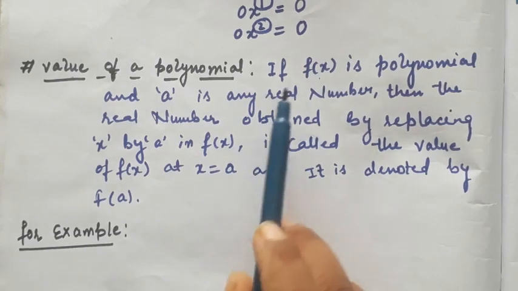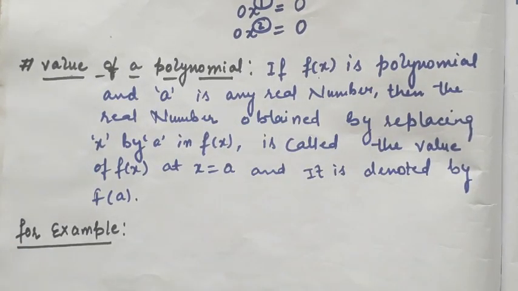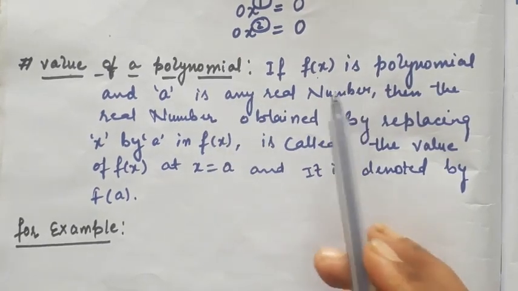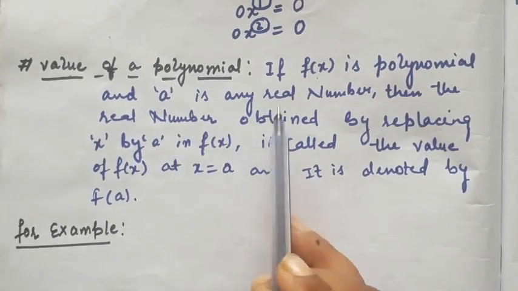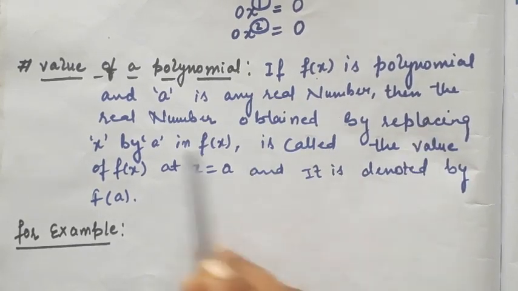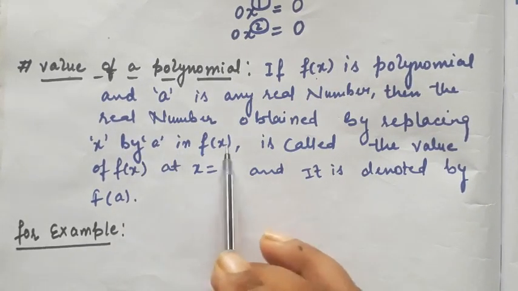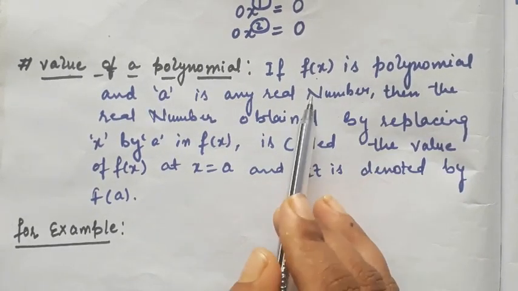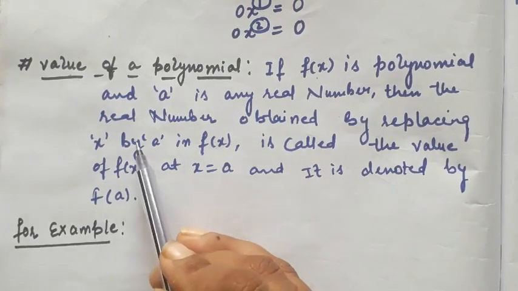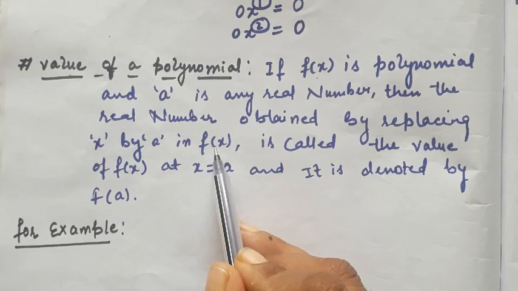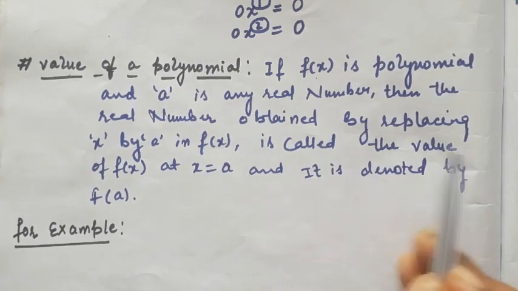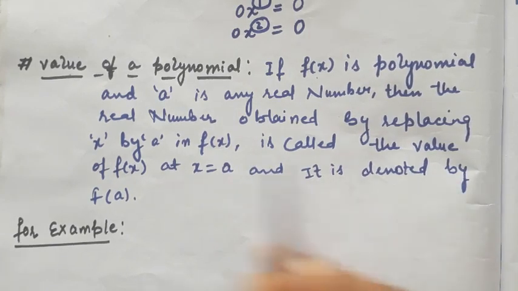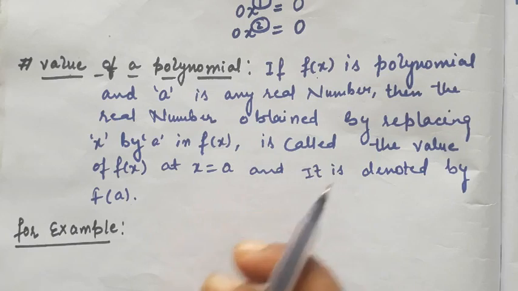Try to understand: if f(x) is a polynomial, any polynomial, and a is any real number, then the real number obtained by replacing x by a in f(x) is called the value of f(x) at x = a, and it is denoted by f(a).